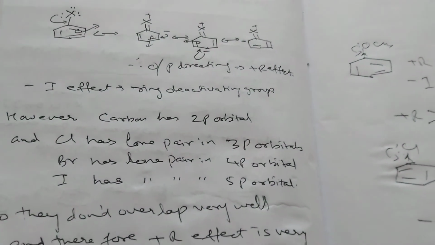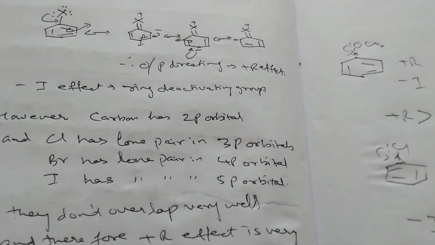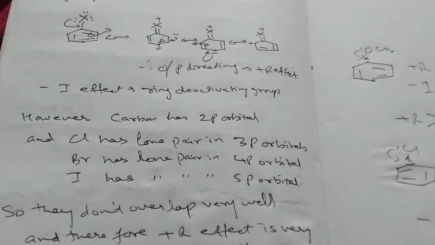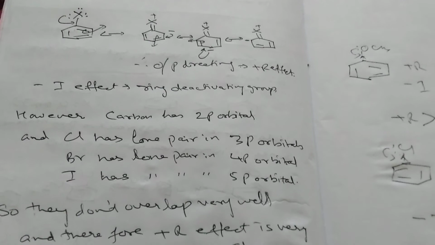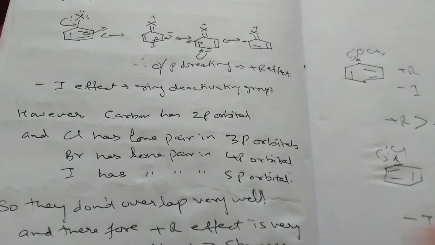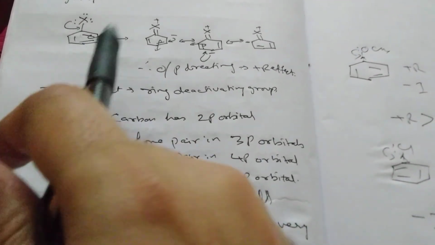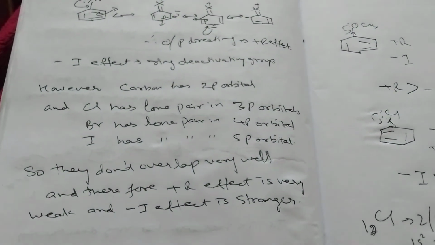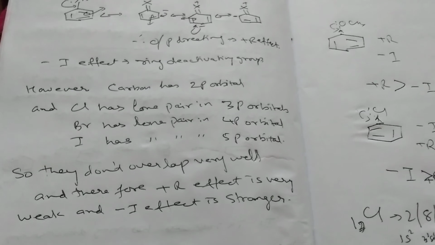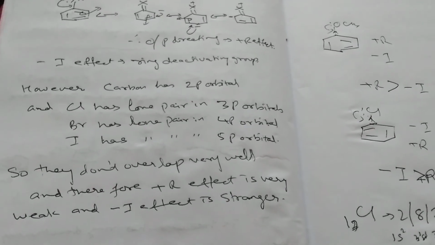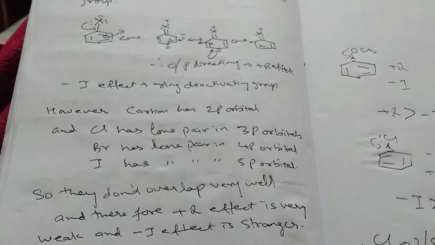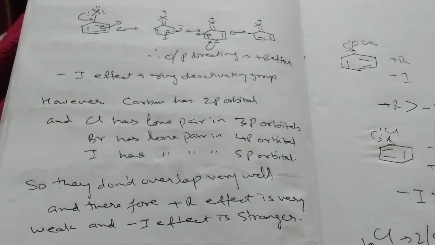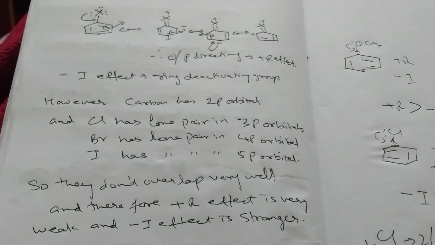Minus I effect is stronger, and therefore it is a ring deactivating system, and halobenzenes are less reactive than benzene, and still it is ortho-para directing because it has a very small plus R effect, and that's what determines the direction. But fluorobenzene, you can see it is a 2p orbital, so it behaves like anisole. So it is ring activating and ortho-para directing, fluorobenzene. But chloro, bromo and iodo, they are ring deactivating yet ortho-para directing.